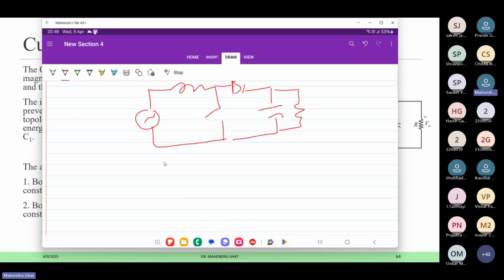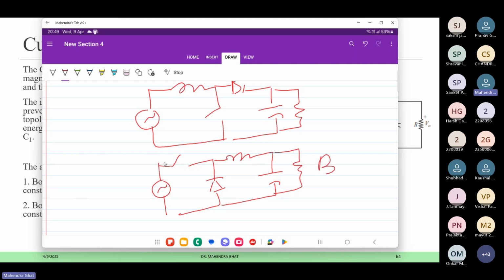And the buck converter: the switch, diode, inductor. So this is the buck, and this is the boost.